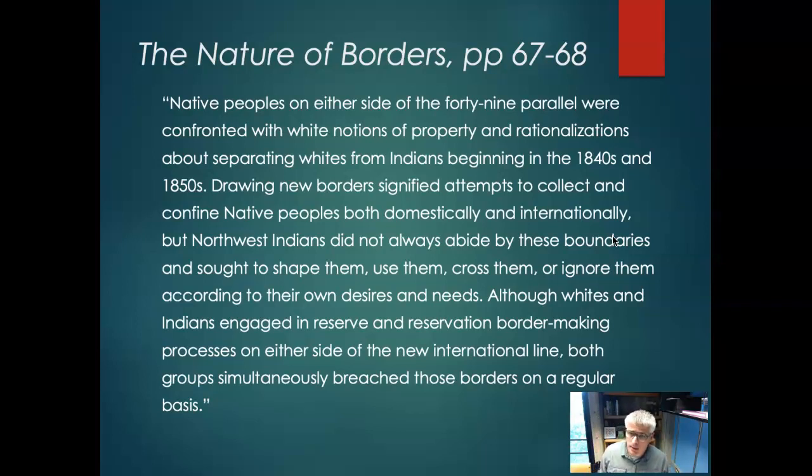But Northwest Indians did not always abide by these boundaries and sought to shape them, use them, and cross them or ignore them according to their own desires and needs. Although whites and Indians engaged in reserve and reservation border making processes on either side of the new international line, both groups simultaneously breached those borders on a regular basis."